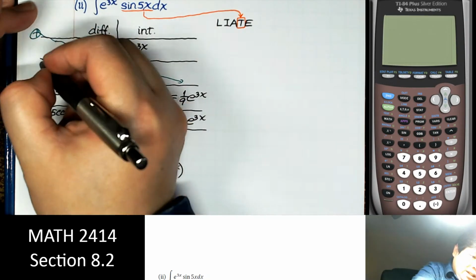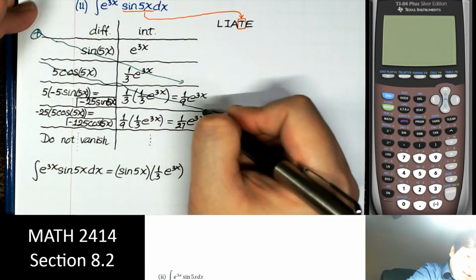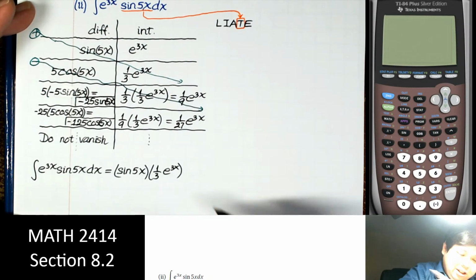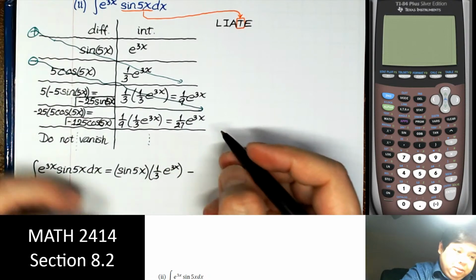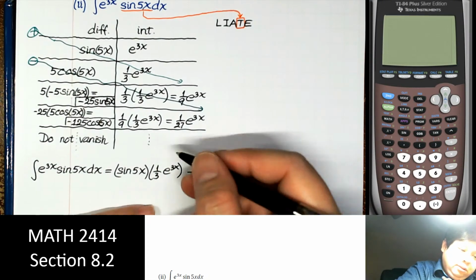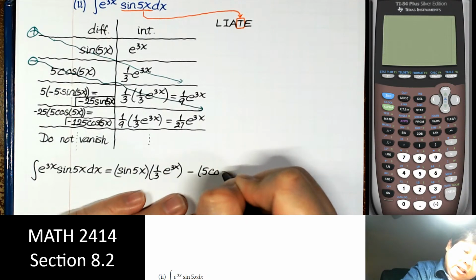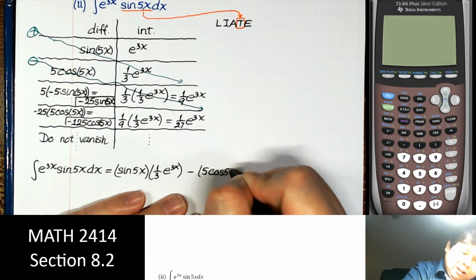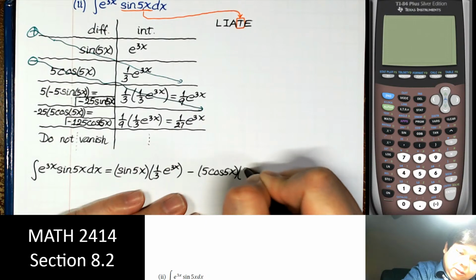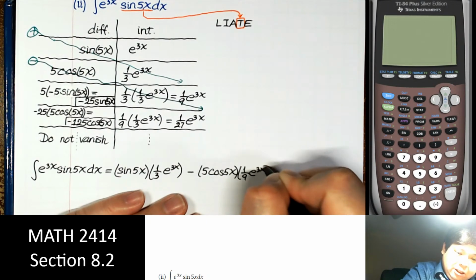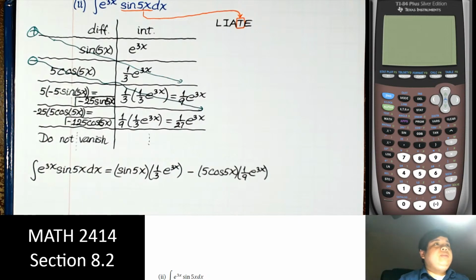Next, subtract. Five cosine 5x, 1 over 9 e to the 3x.